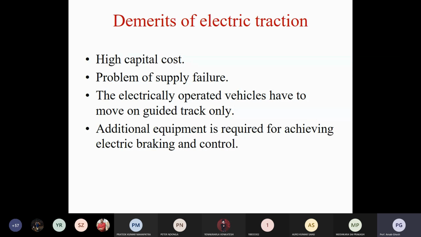Then there is the problem of supply failure. If you totally depend upon the supply, as right now with the electric multiple unit, the EMU, or electric locomotive, we have to depend upon the overhead line.